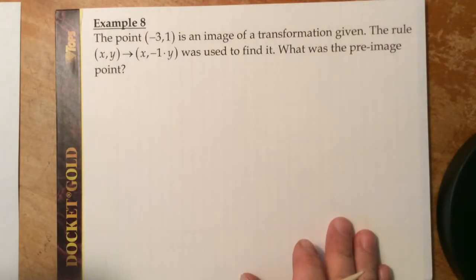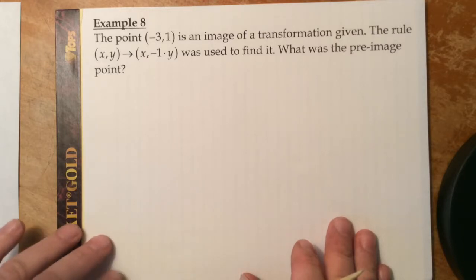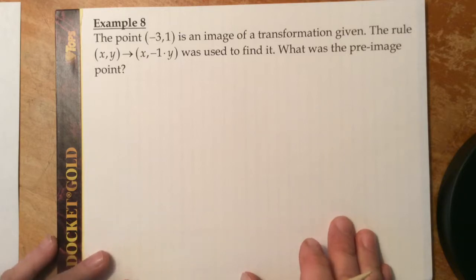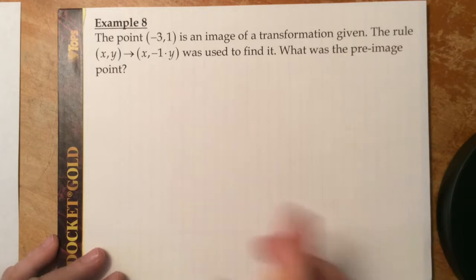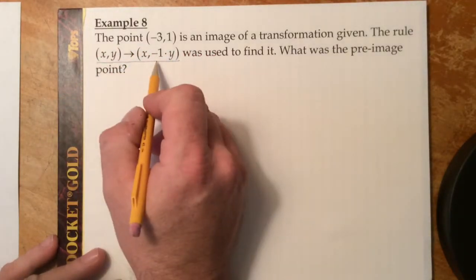Example 8. The point (negative 3, 1) is an image of a transformation. The rule (x, y) goes to (x, negative 1 times y) was used to find it. What was the pre-image point? So this one's a lot like the one we just did, except it's a different sort of transformation. What kind of transformation is this?